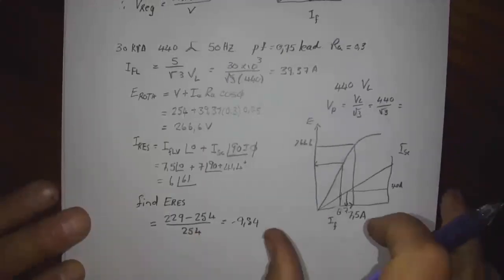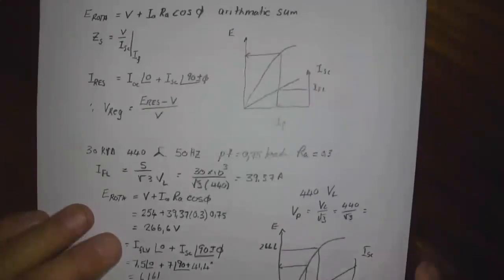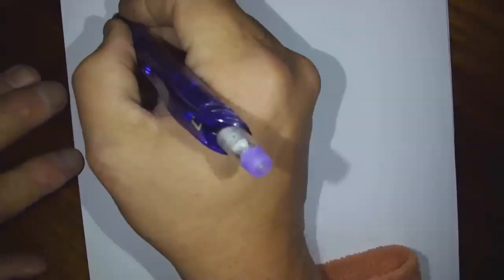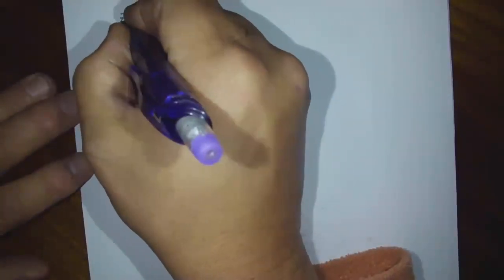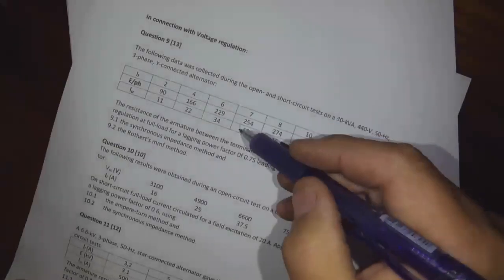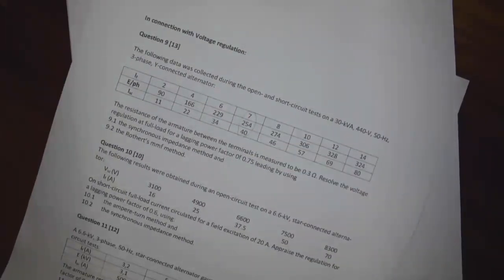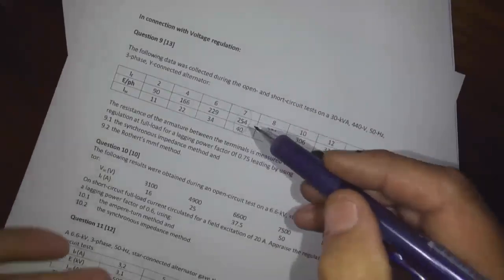Now they say, all right, use the synchronous impedance method. So first of all, we have to calculate ZS. Now, normally we do that at the same excitation. Okay, let's use 254 because that's the excitation and the voltage.